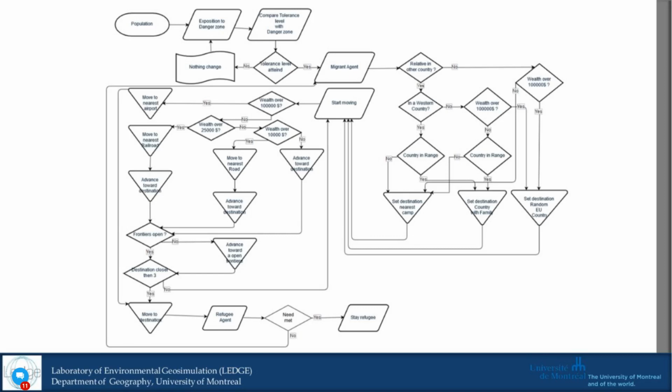We were thinking it would be based on familial relationships in some cases, opportunity in others, like Canada opening so many places to bring refugees here. But we stopped there. So once the migrant agent arrives to the border where the camps are located, they will convert into refugee agents. If you can pass it to the next slide, please.